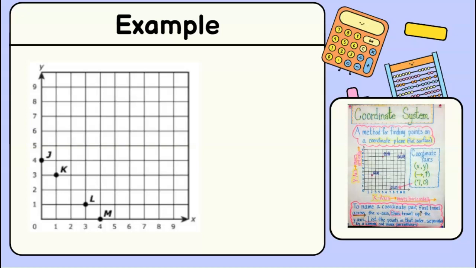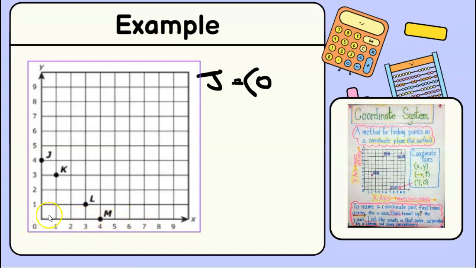And whatever those numbers are, that's going to go into my ordered pair. So let's look at J first. I can see that it goes over 0 spaces because it doesn't move anywhere on my x. It just stays right here, and it moves up 4. So since it's moving up 4, I would put my 4 where my y goes. So the ordered pair for J is 0, 4.